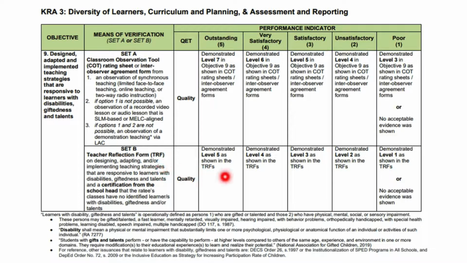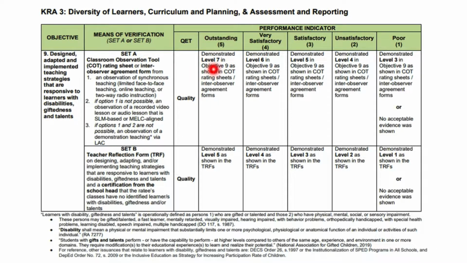So, paano tayo makakakuha ng 5 points or outstanding? For example, kung pipiliin natin yung Classroom Observation Tool or COT Rating Sheet or Inter-Observer Agreement Form. So, dapat yung Objective 9 as shown in COT rating sheets and Inter-Observer Agreement Forms.